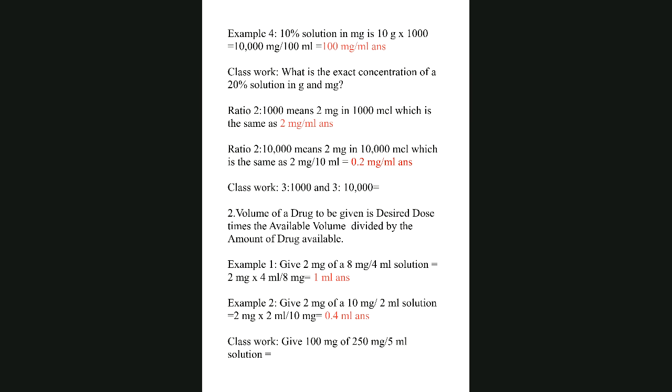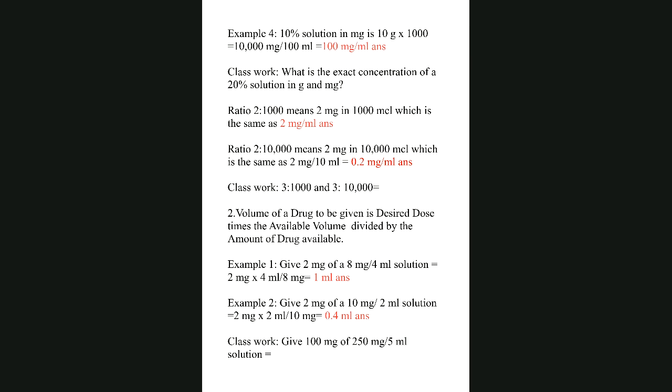All right, so moving right along. 0.2 grams per mil would be the exact concentration in grams, and 200 milligrams per mil would be the exact concentration in milligrams, right? So it's 20%. That's the same as 20 grams in 100 mils.